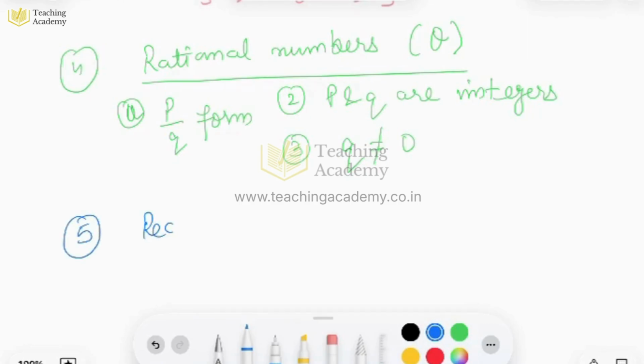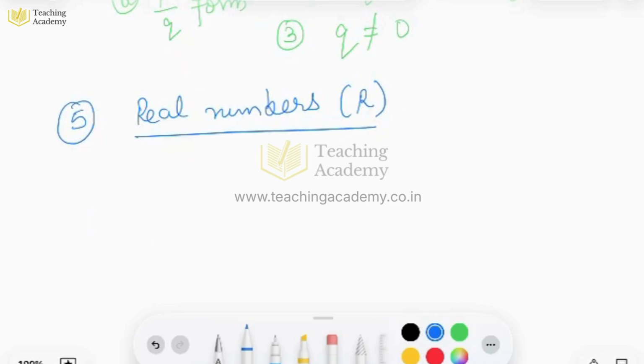Fifth, real numbers. Real numbers are denoted with R. Real numbers include both rational numbers and irrational numbers.